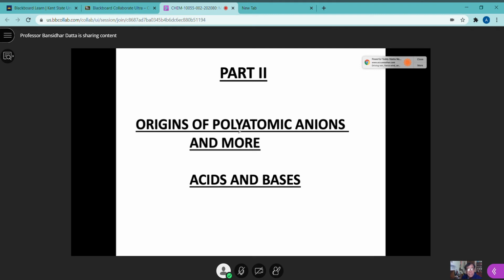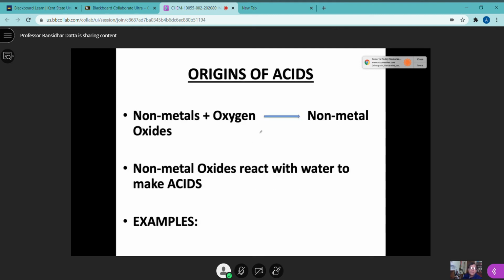So we are talking about acids and bases. What are the acids? The origin of acids comes from non-metal oxides, non-metals. Can someone name at least one non-metal? Hydrogen. Sure.